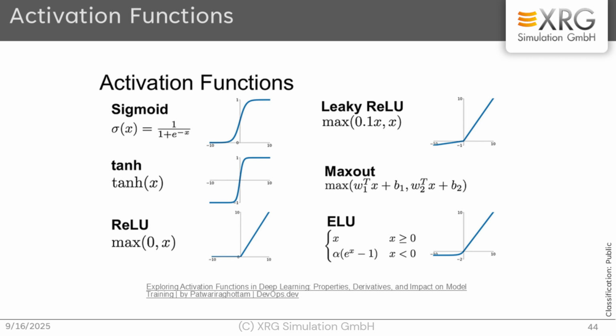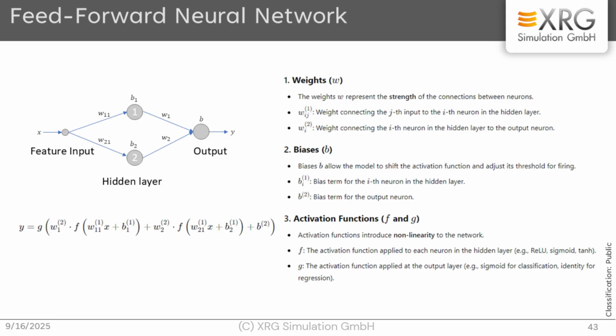What we can take from this slide is that the more neurons and the more layers a neural network has, the more connections there are, so more weights connecting the neurons, and more biases, obviously.